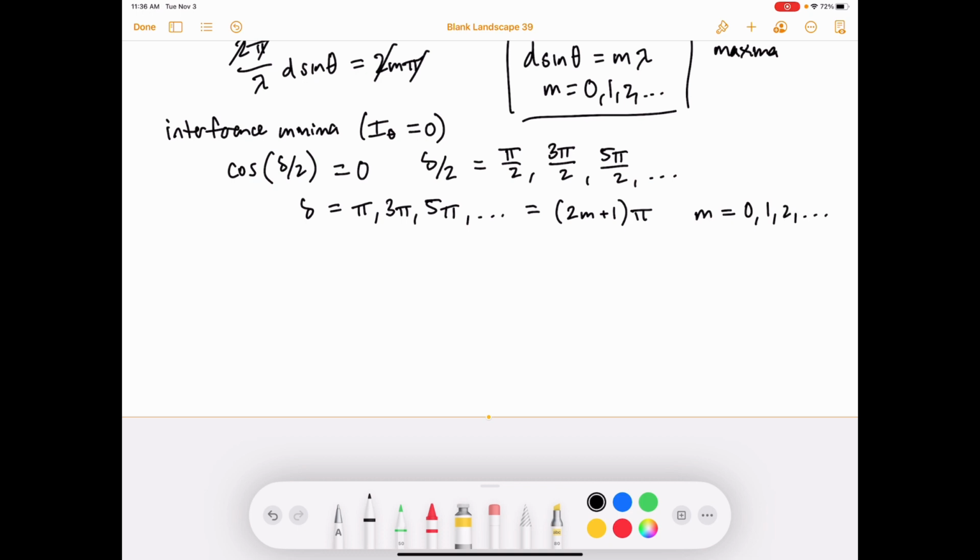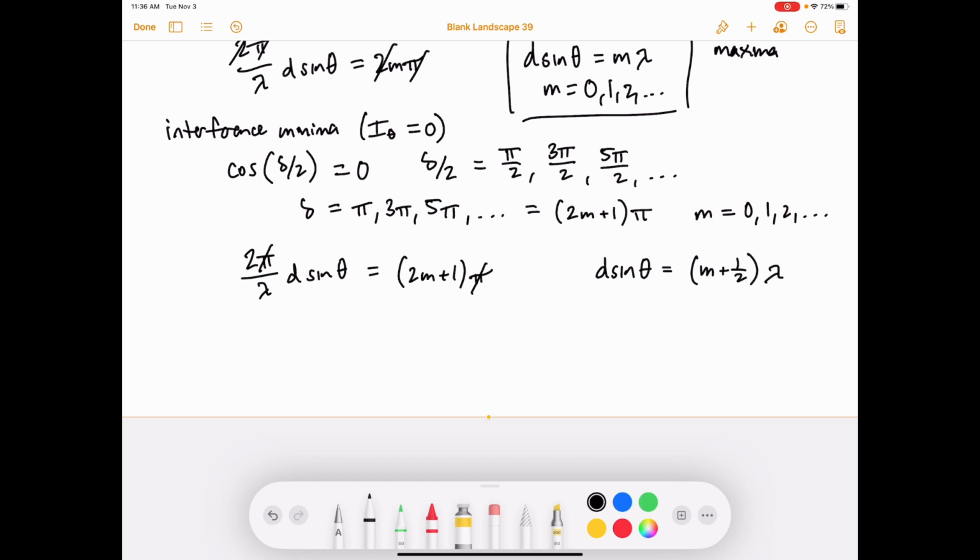So plug in delta, that's 2 pi divided by lambda, times d sine theta. We're saying that is equal to 2m plus 1 times pi. So we'll cancel out the pi's. And if I divide through by 2, I'm going to have m plus a half instead of 2m plus 1.